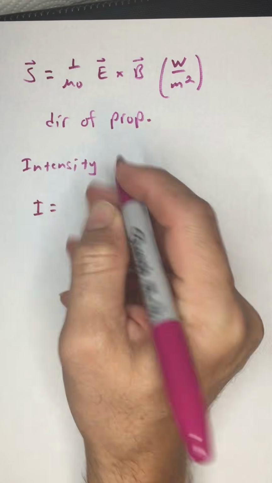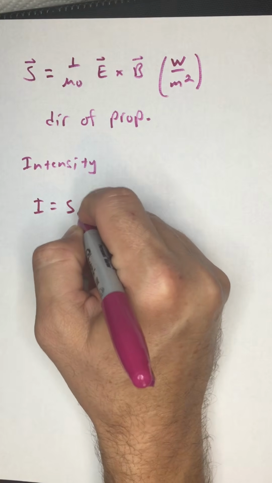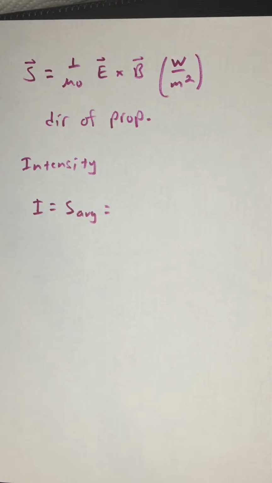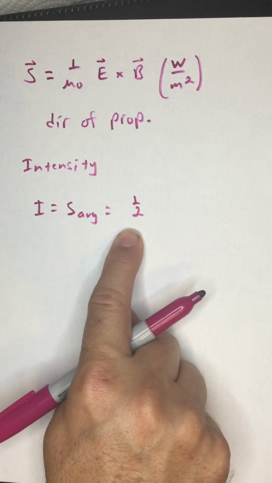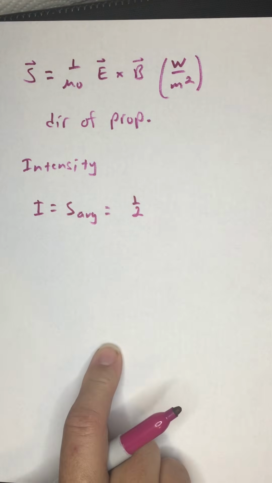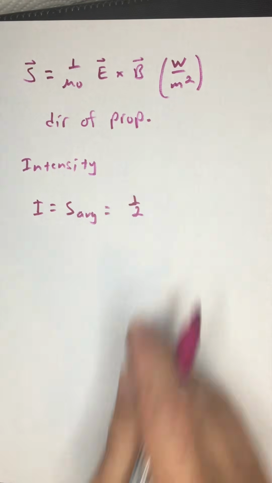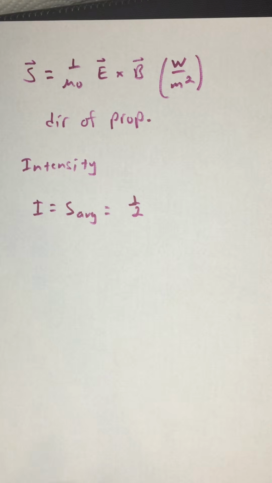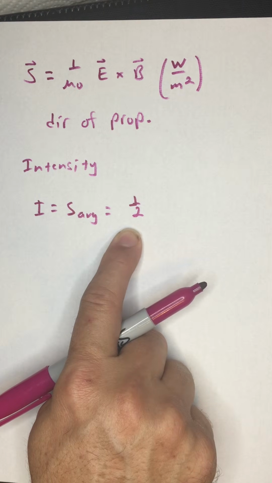The intensity of the wave is going to be given by the S average, which one way of expressing this is 1/2, which probably tells you that there was an averaging process, right? Specifically, we're averaging over a cosine function. Remember, the E and B fields are both trigonometric functions. The average of a cosine squared over one period is 1/2.